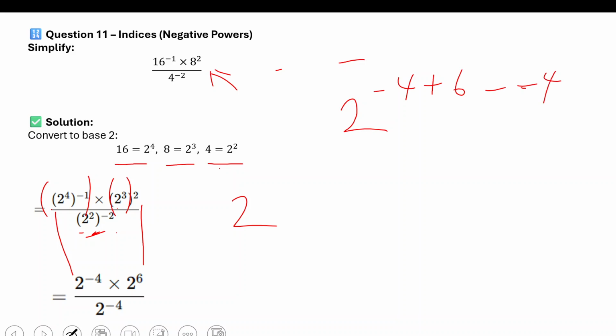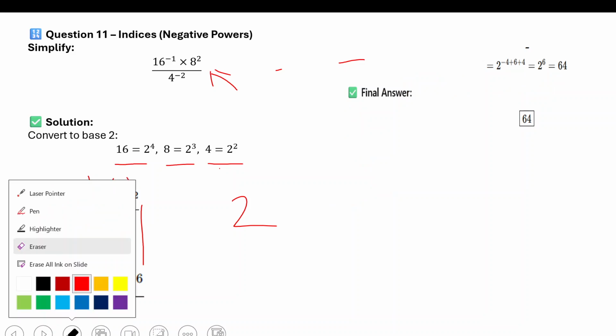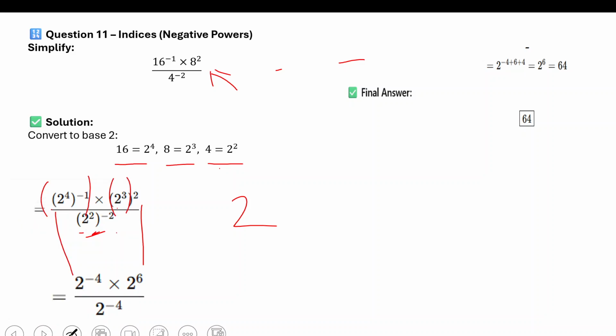This is what it will give me. Very good. Let me take this off so that you can see. So I have minus 4 plus 6 plus 4. That's for the powers. 2 to the power 6 is 64. Final answer. Move on to number 12.